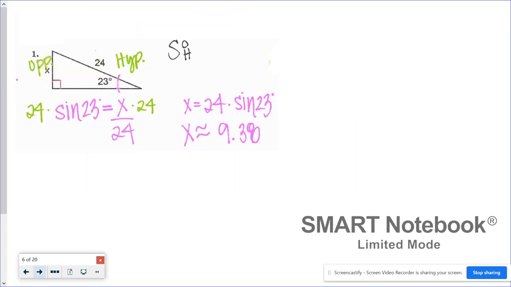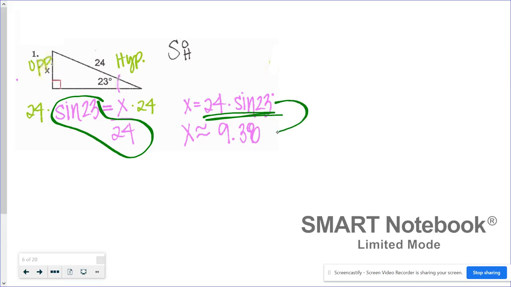I've already done that, so I have x equal to sine of 23 times 24. Since x is all by itself, I'm ready to calculate. When I calculate this, this is how I got 9.38. Literally on my calculator, I type 24 times sine of 23.